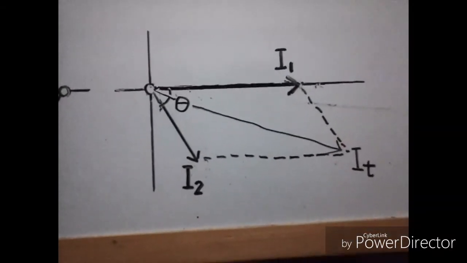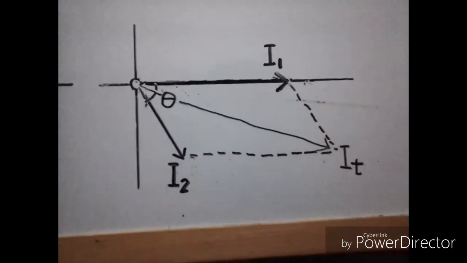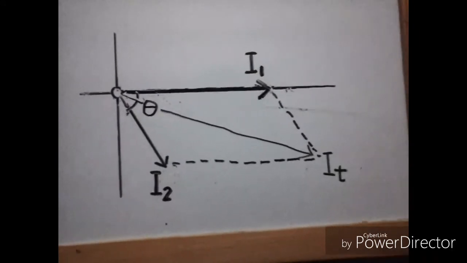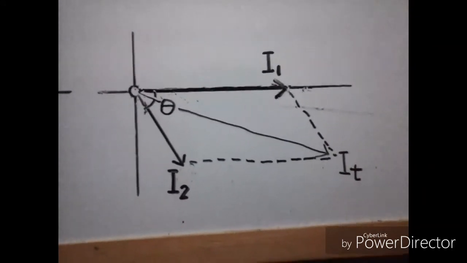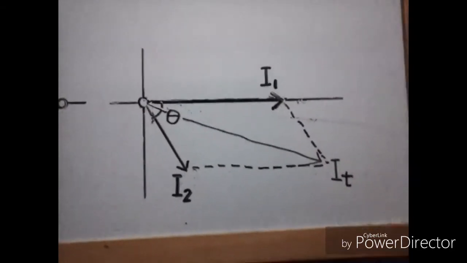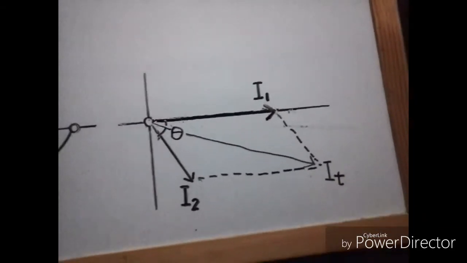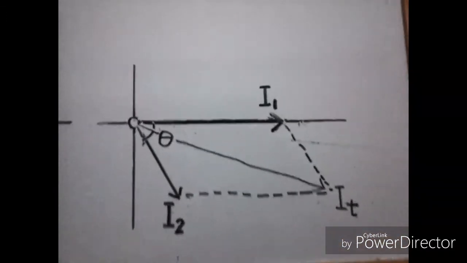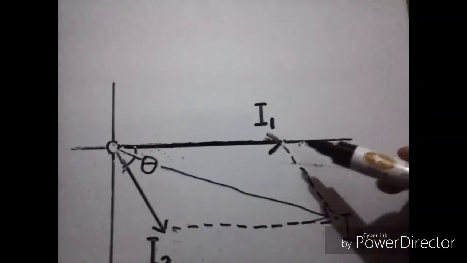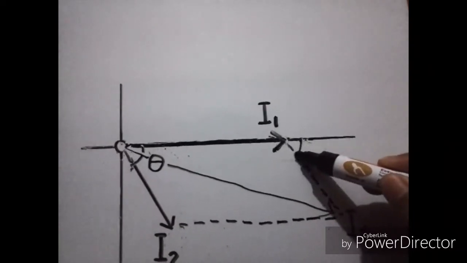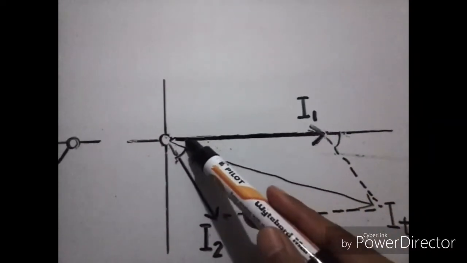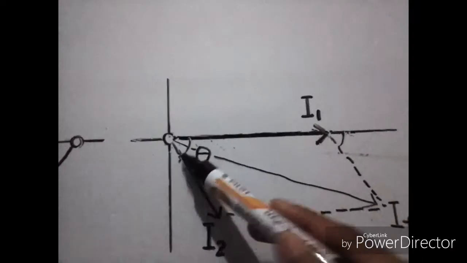Now it's time to find the resultant analytically, or in other words, algebraically. So we'll derive the formula out of this graph. As you can see right here, it's just the same angle here.